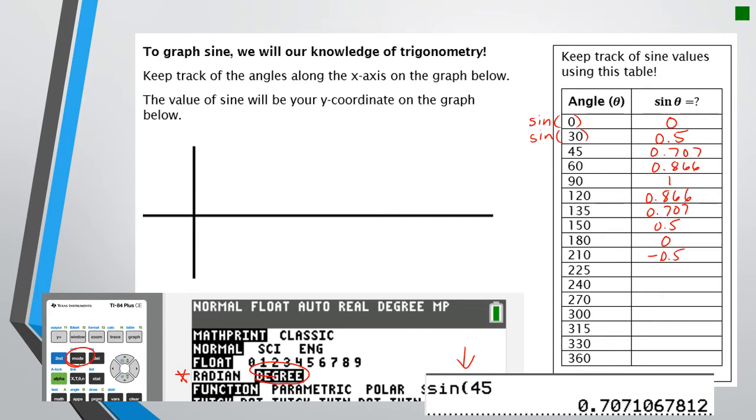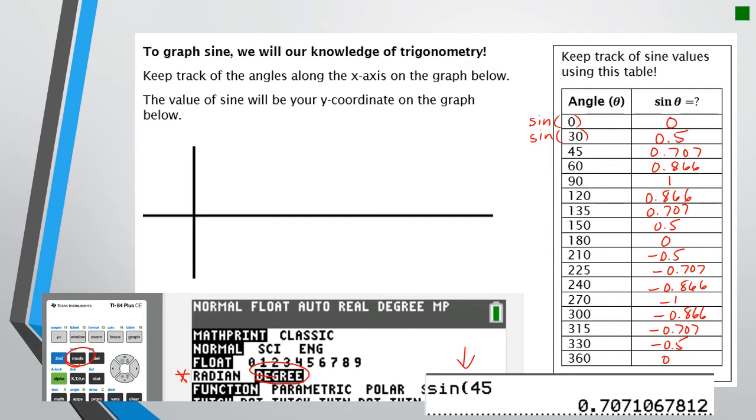Negative 0.5, negative 0.707, negative 0.866, negative 1 at 270, negative 0.866 at 300. So you'll notice that a lot of these numbers are repeats. They're the same numbers happening over and over again, and that is not a coincidence. Some of them are positive, some of them are negative.